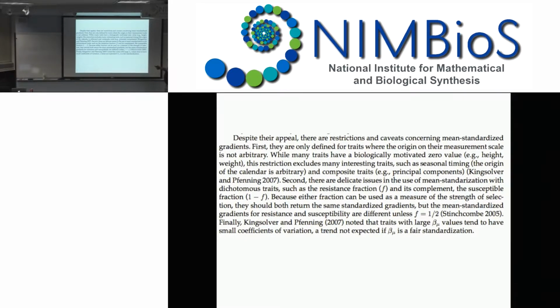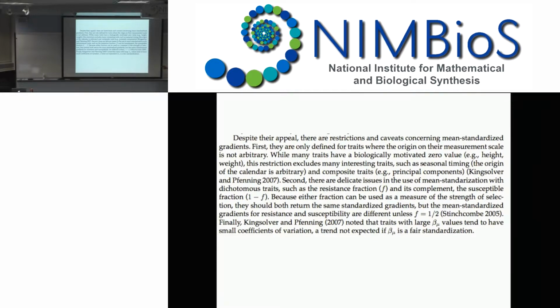There's also an interesting issue. So, for example, suppose I looked at resistance fraction and the susceptibility fraction. Either can be used as a measure of strength of selection, however, if you use mean standardization, these things return different gradients unless f equals a half. So for some traits, you've got this asymmetry.